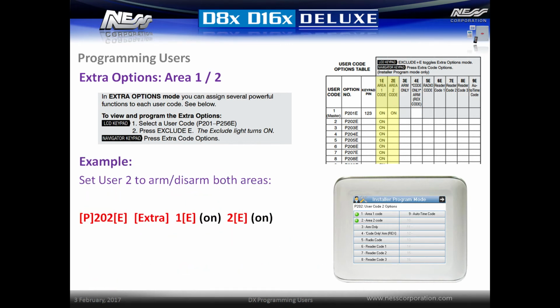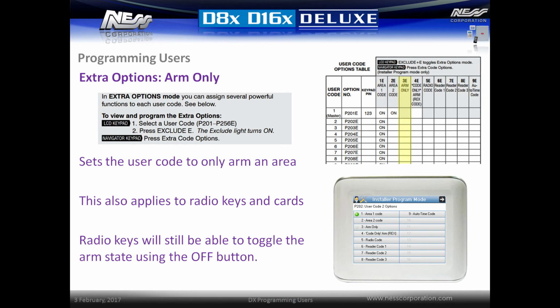For example, to set user code 2 to arm and disarm both areas, enter P202E, enter the extra options, then ensure 1E is on and 2E is on. Extra option 3E sets the user code to only arm an area.